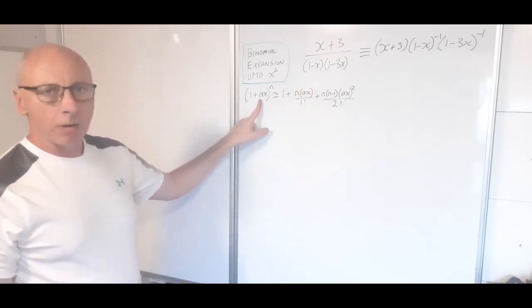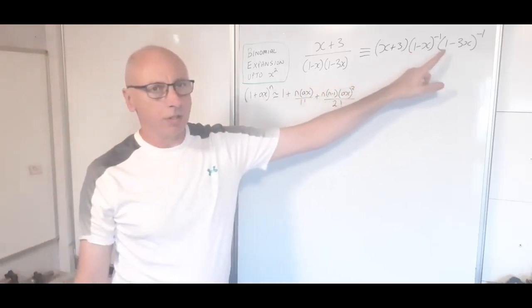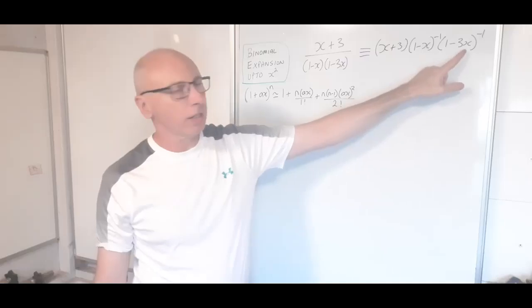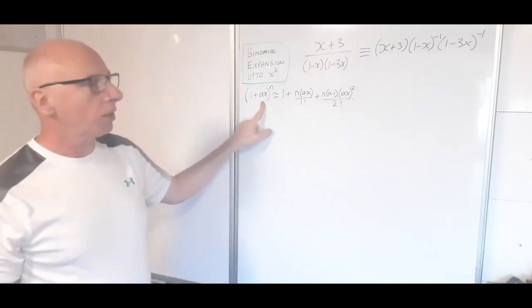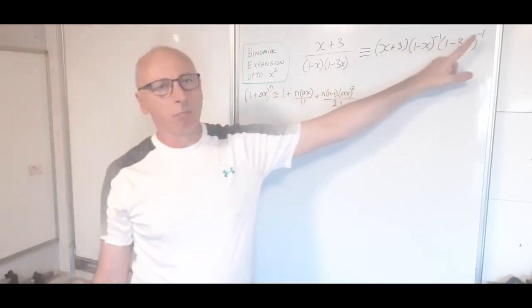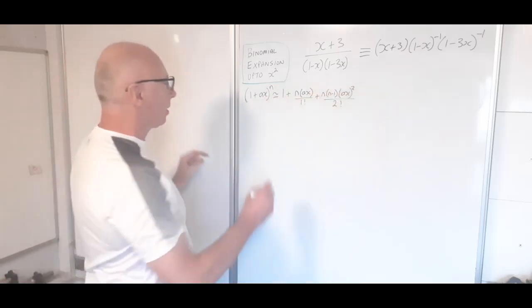Now all I've got to do is separate this. 1 is at the front, so separate that, that's fine. The ax will just become minus x, minus 3x. So I've got what my x's and a's are, and then my n in both cases is going to be minus 1. So let's deal with the 1 minus x to the minus 1.